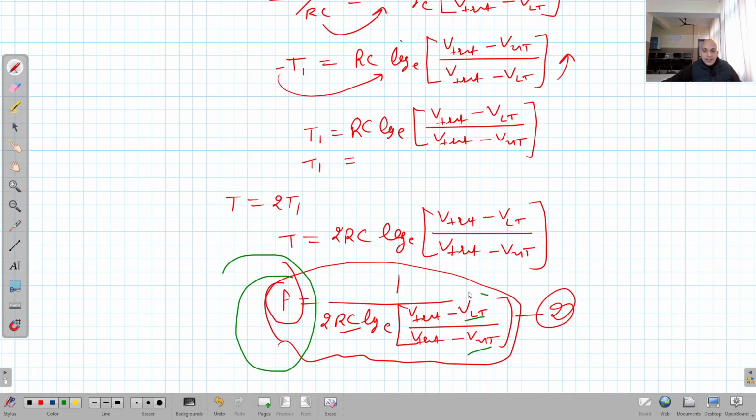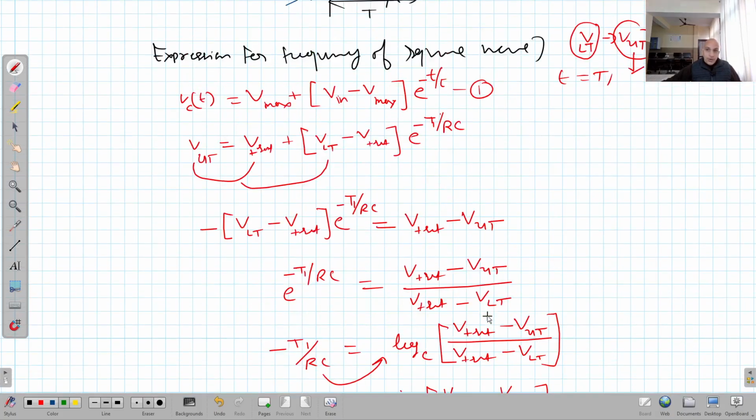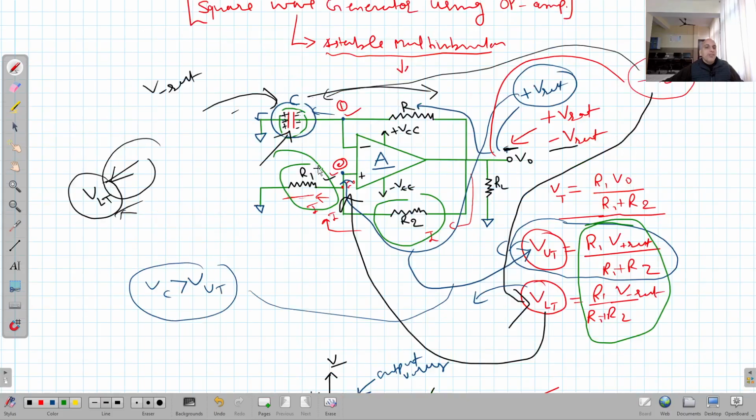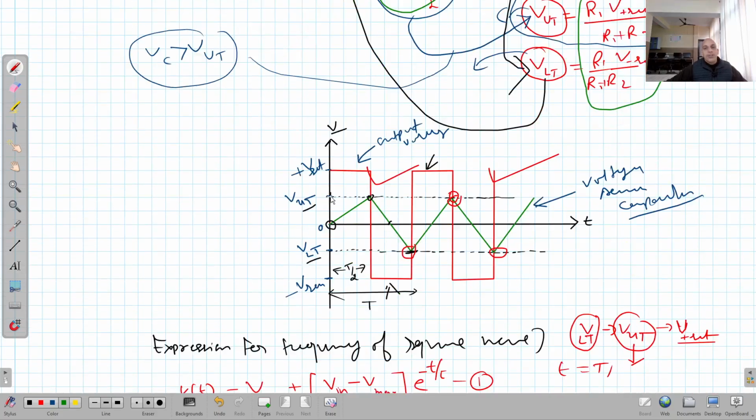These depend, because V plus saturation is a fixed value, upon the values of resistors R1 and R2. So in this entire circuit, by adjusting the values of R1, R2, R and C, I can produce square waves of a desired frequency.